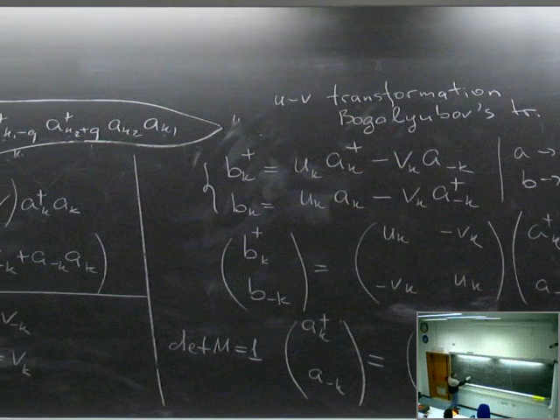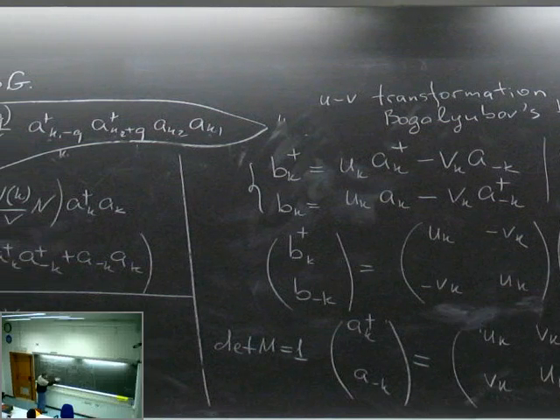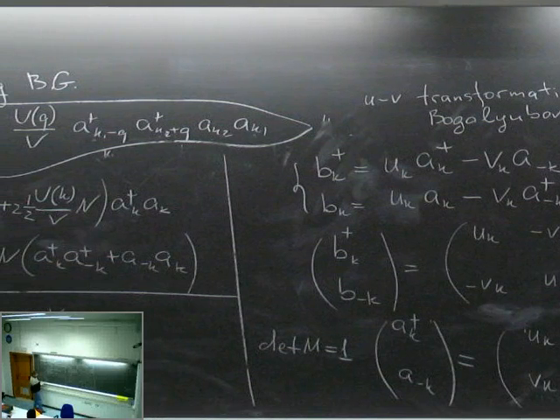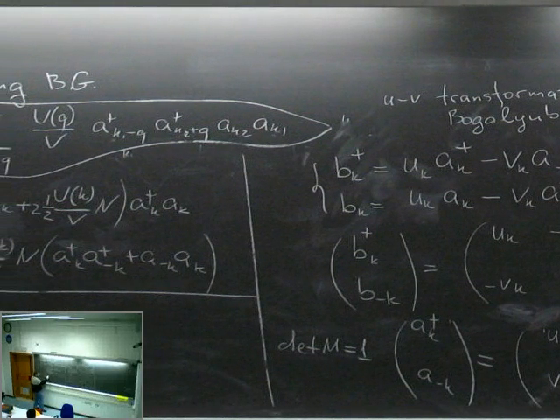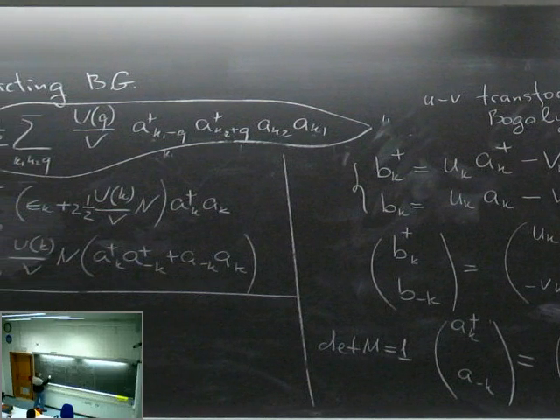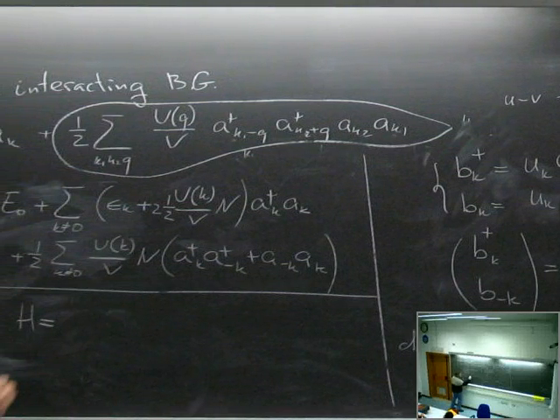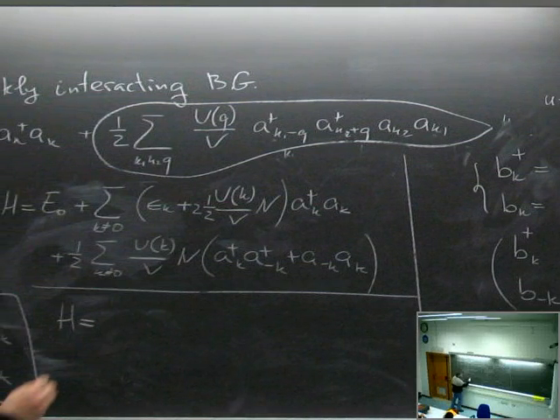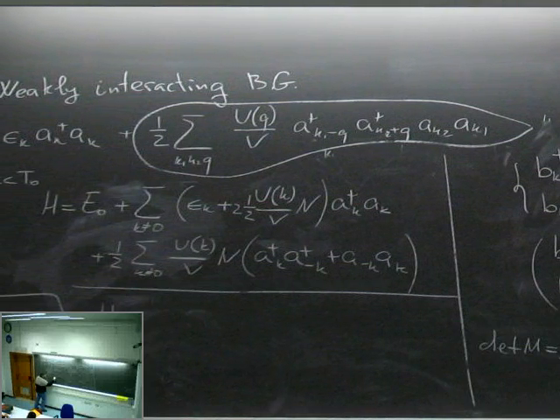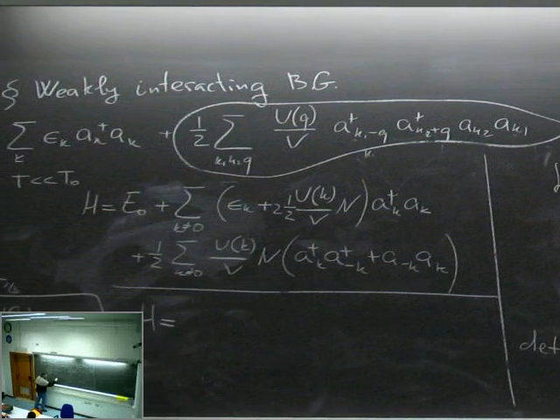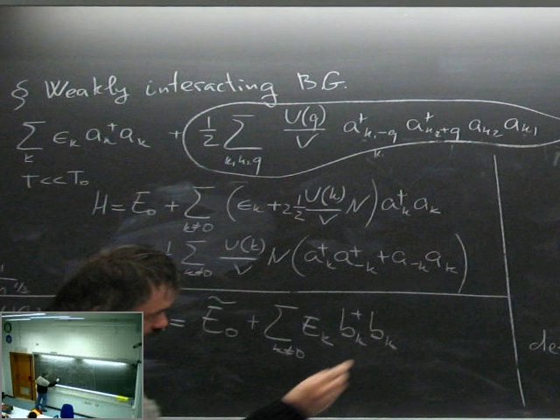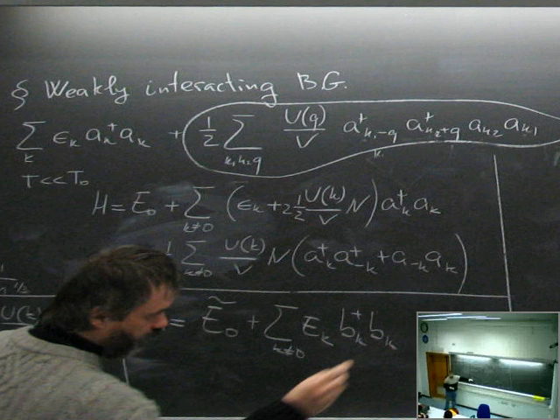So, I anticipate that in diagonal form, my Hamiltonian will be written as some constant, let me call it E_0 tilde, plus the sum over k not equal to 0 of epsilon_k b_k dagger b_k. So my goal is to find how epsilon_k depends on u and v and what it is.